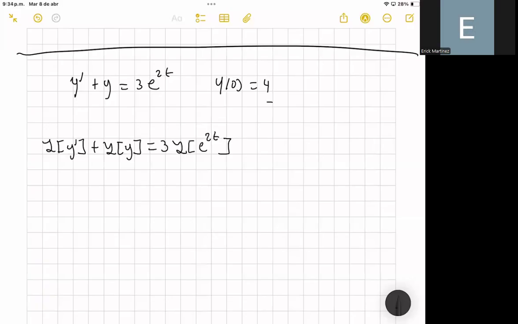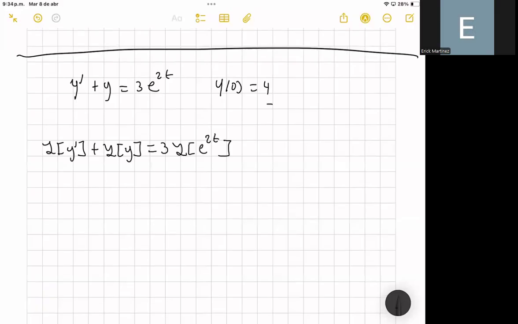So here we have a first order derivative of y. The Laplace transform of a first order derivative is as follows. We just need to multiply s times Y of s, where we are representing the function in the s domain, minus the initial condition, that is y at time equals 0, plus the Laplace transform of y, that is Y of s.